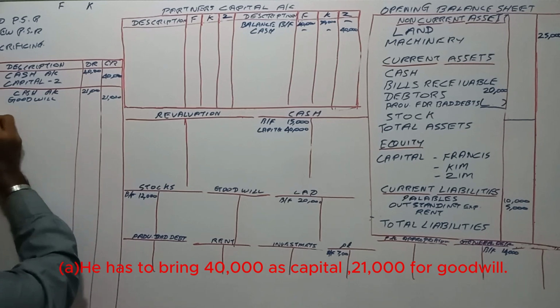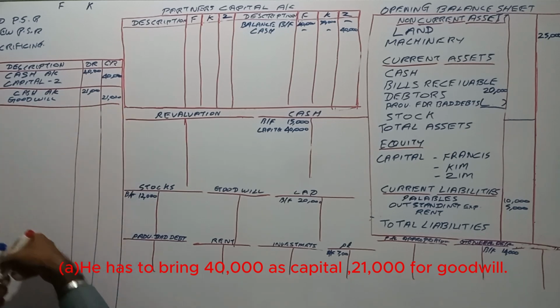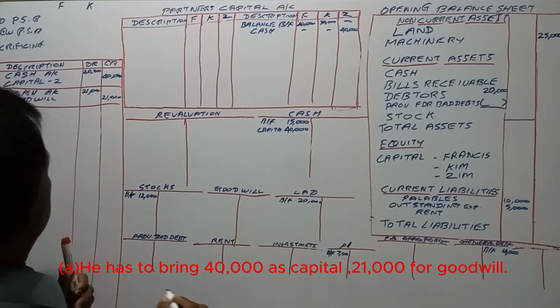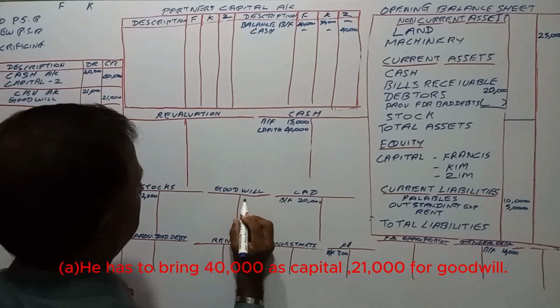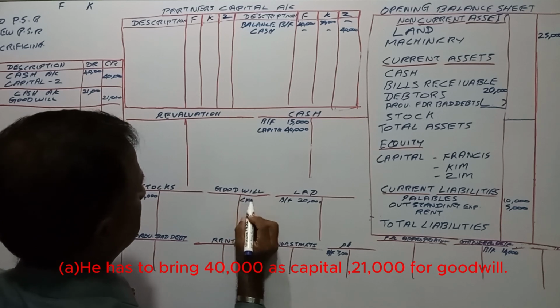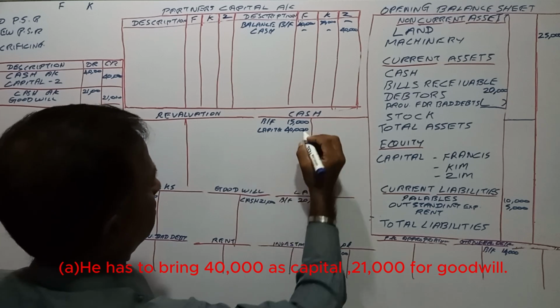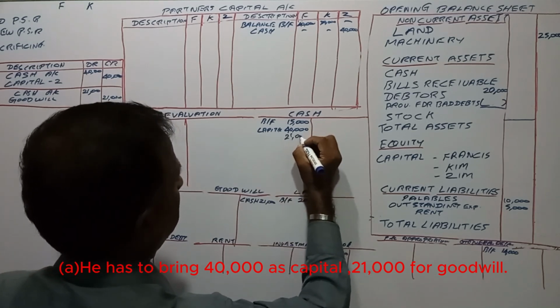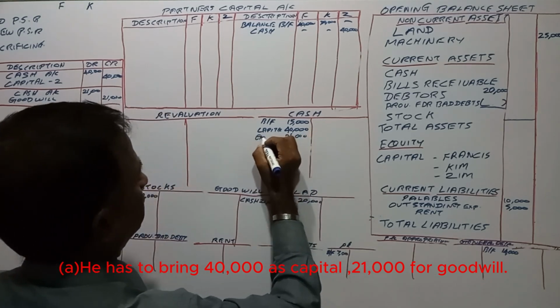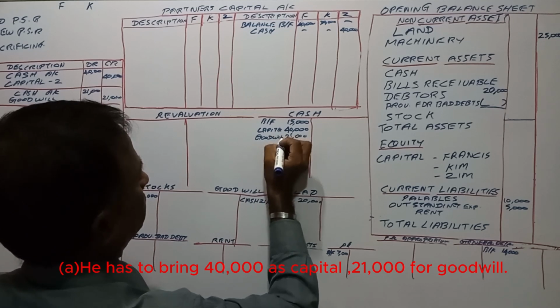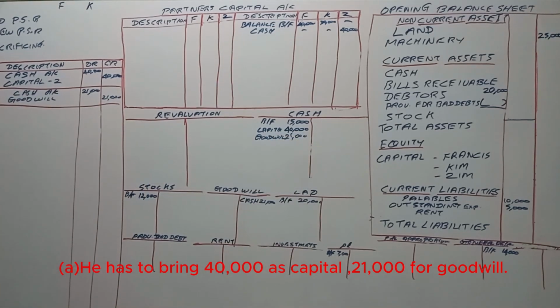Being adjustment made for the goodwill brought in by Zim. Cash account debit 21,000, goodwill account credit 21,000. Okay.